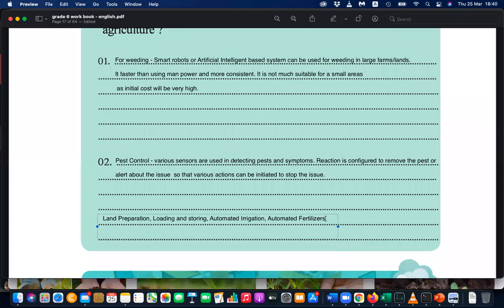So what are the other usages? Cultivation, right? It can be used for cultivation and collecting crops.